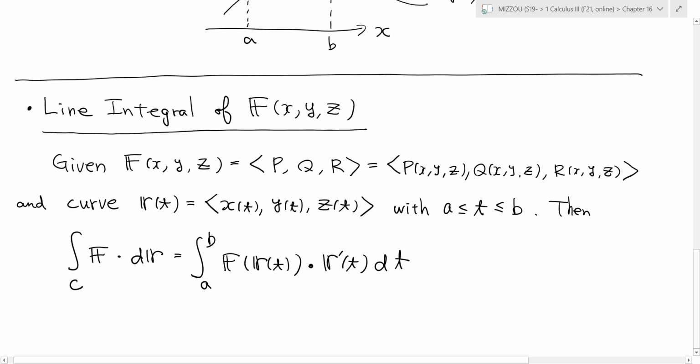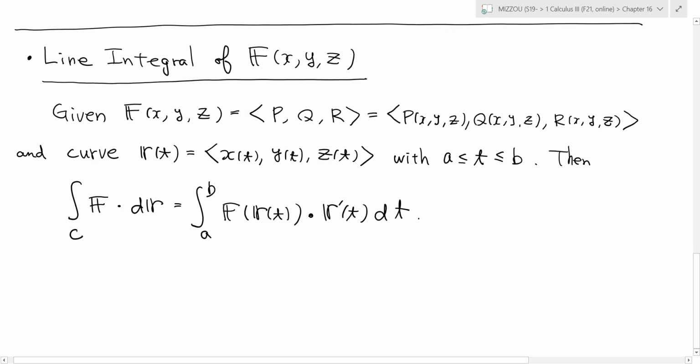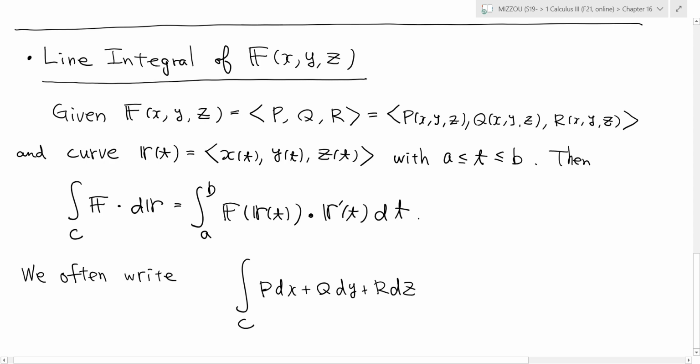But just like before, we often write this integral as the integral over C of P dx plus Q dy plus R dz.